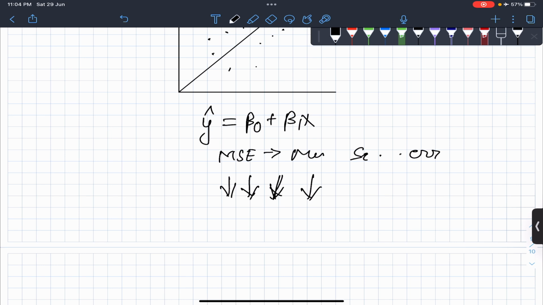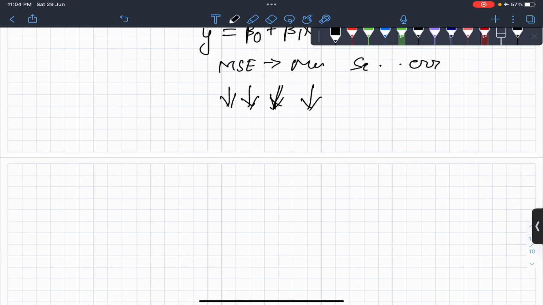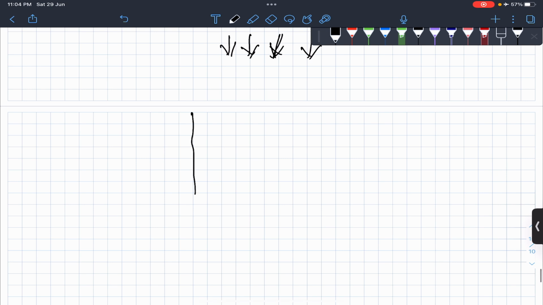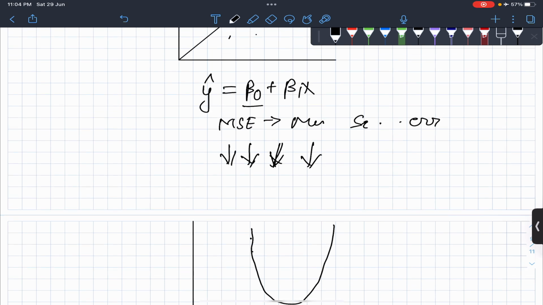The MSE is a cost function, and for minimizing it we used gradient descent, an iterative algorithm for getting the best betas.